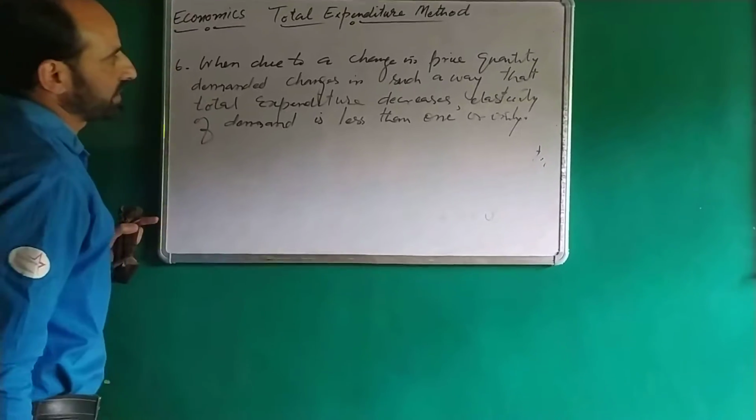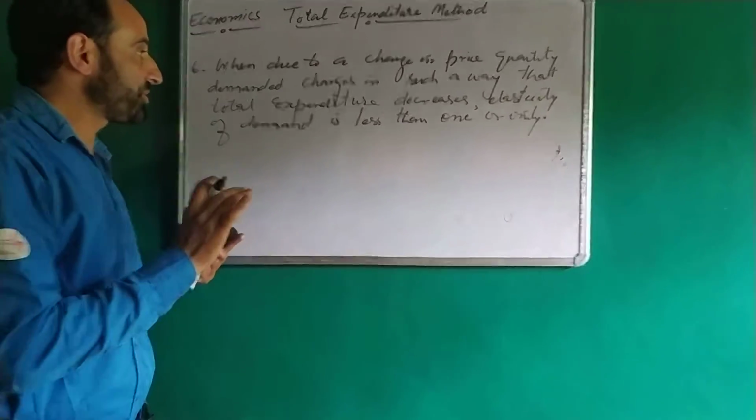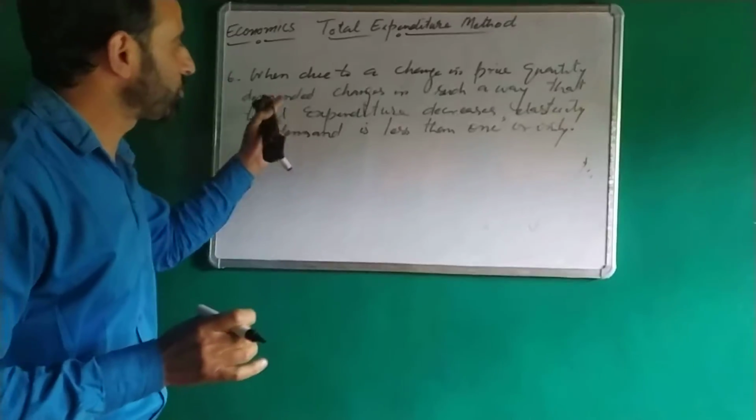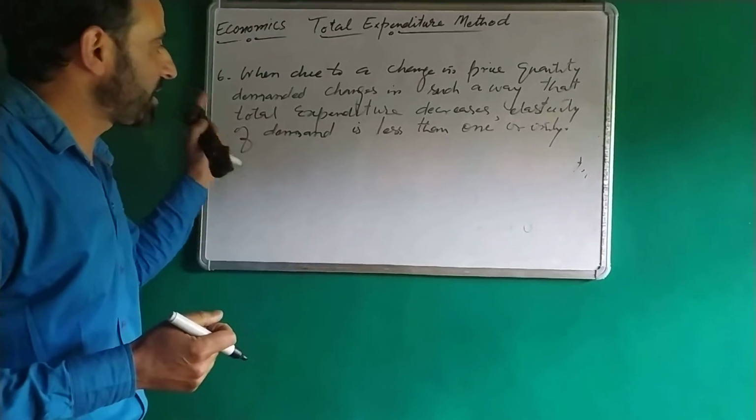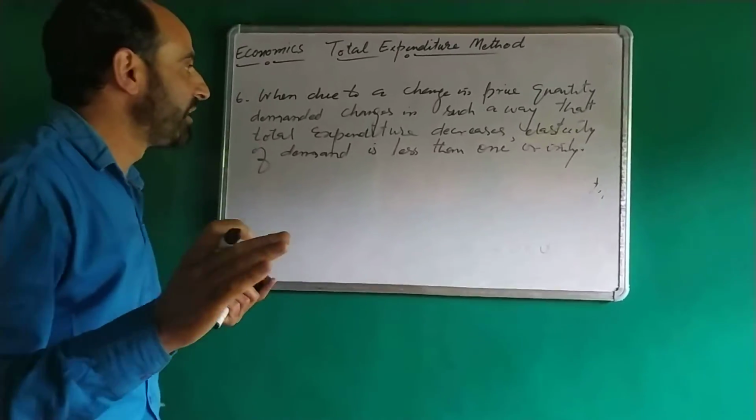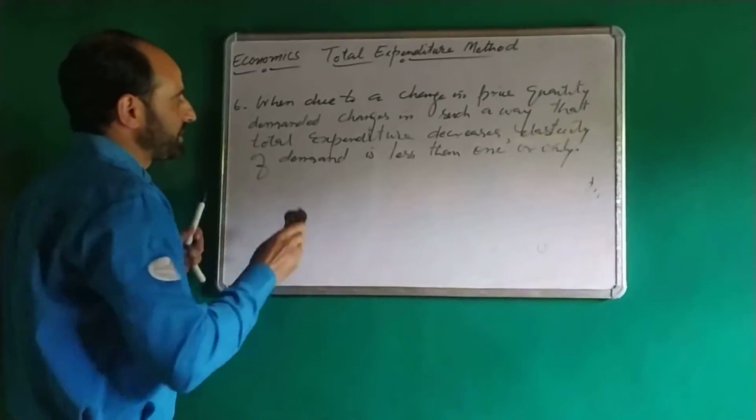This is the third condition. When due to a change in price, quantity demanded changes in such a way that total expenditure decreases, elasticity of demand is less than 1 or it is less than unity.